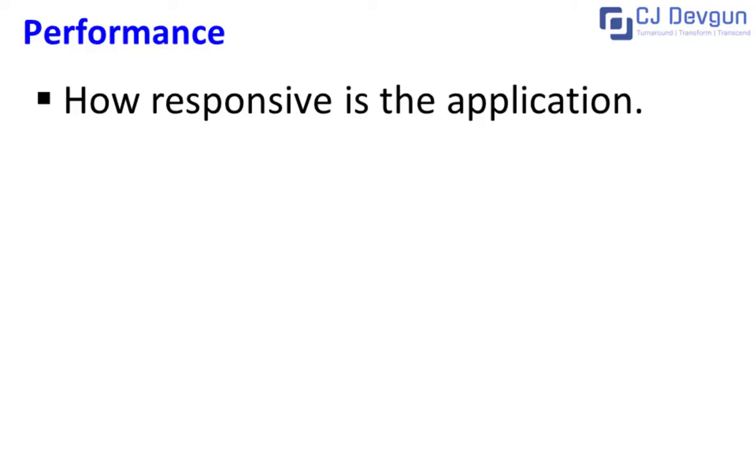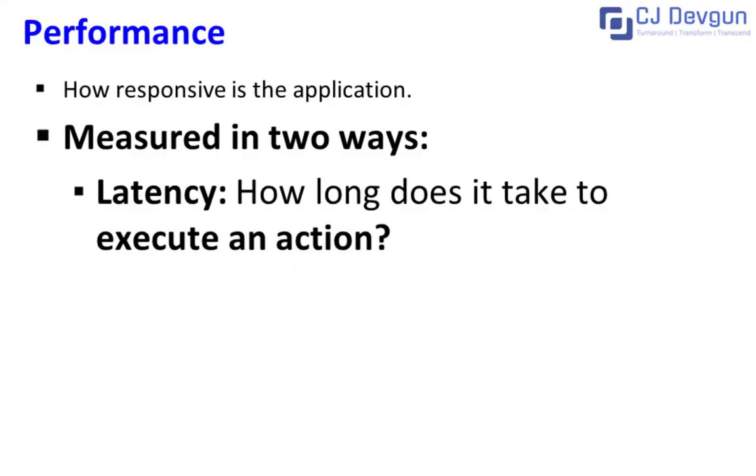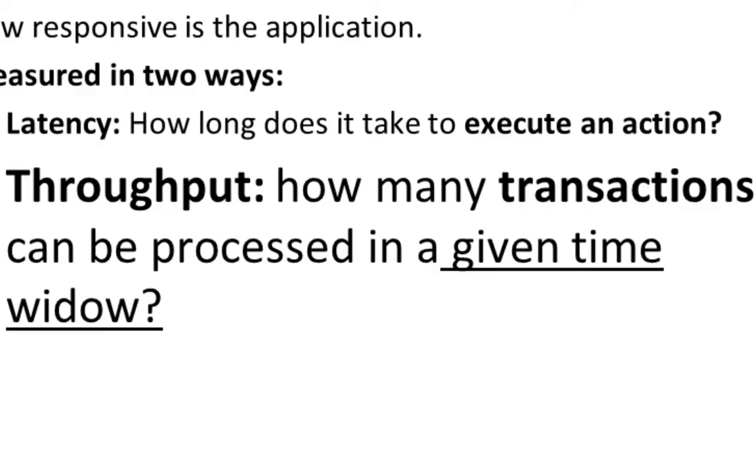Now performance. What is performance? Performance is how responsive your application is, and that responsiveness is made up of 2 sub-attributes. Number 1, how fast it sends information back to me, and number 2, how many transactions it can process in a single time period.